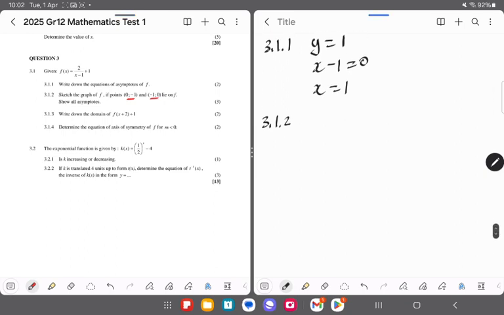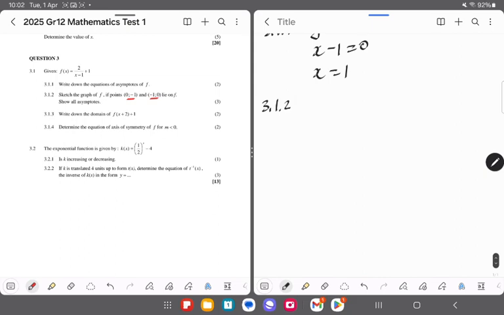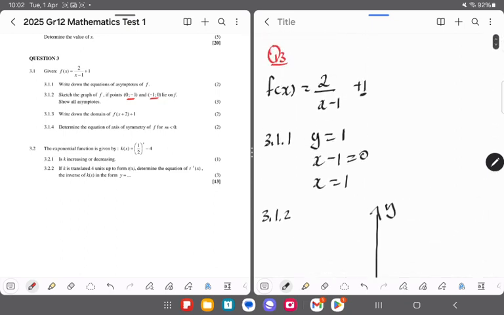Now when we sketch, we know that we always have to start with our asymptotes. So let me first draw my Cartesian plane, which is x and y. Now remember the value of a. The equation of your hyperbola is given as f of x equals a over x minus p plus q.